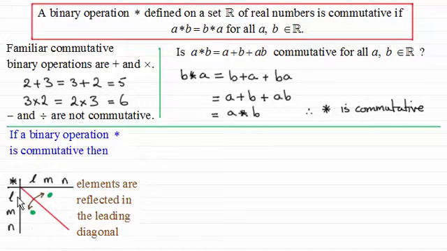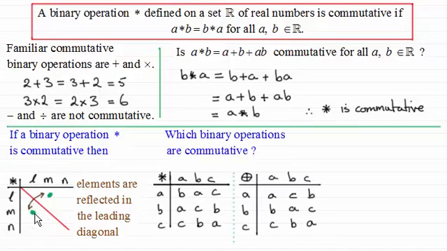So for instance, where I've got this green dot here, let's say L combined with M, then that would be exactly the same result as M combined with L.